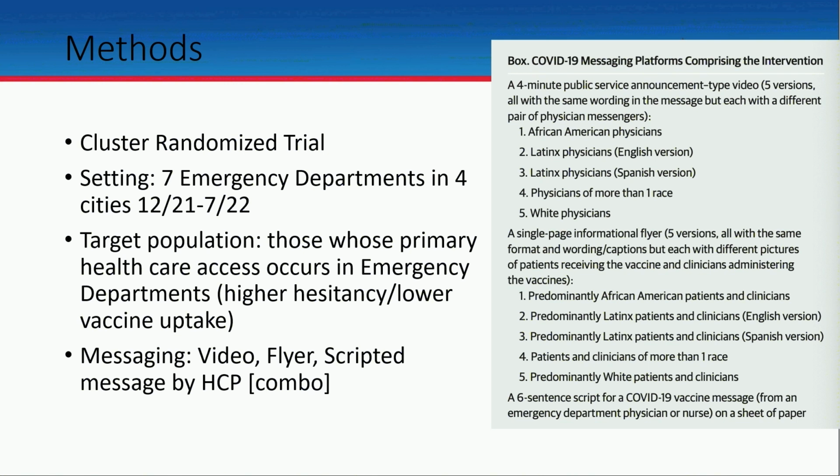They enrolled 496 patients. The median age was 39. They were about 40% female. 39% identified as African American, 19.6% identified their race as Latinx, and 44% of the patients did not report having a primary care doctor.